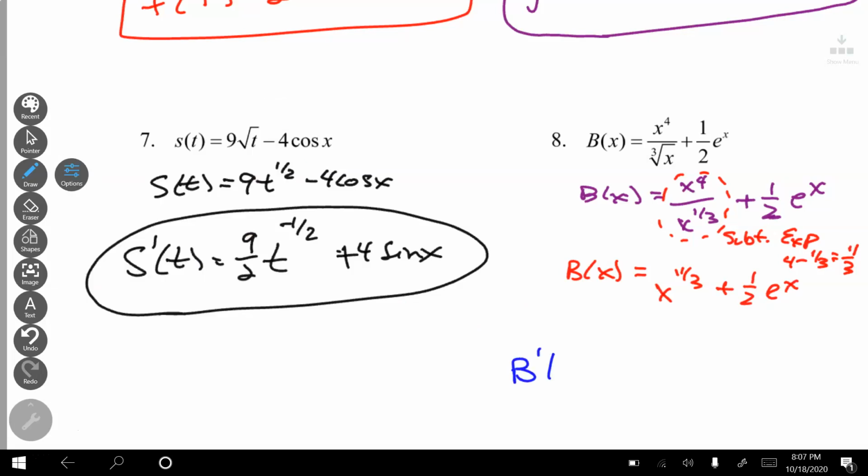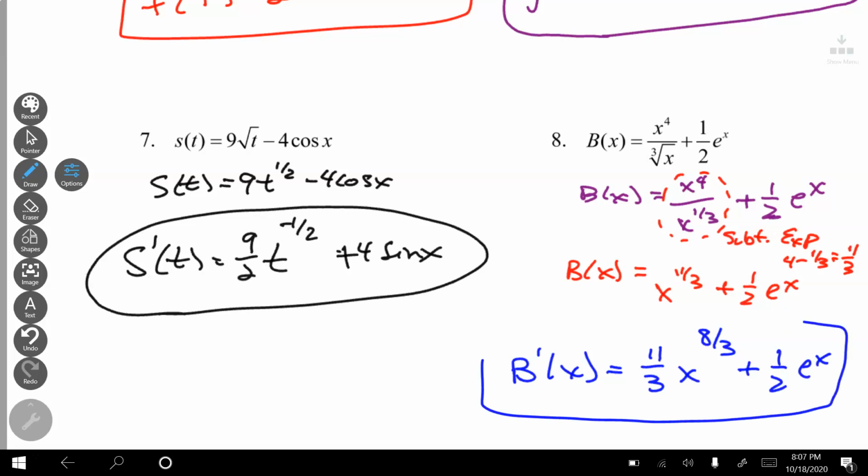So b prime of x is equal to 11 over 3 x, top minus bottom, 8/3, plus the derivative of e to the x is e to the x, so this is just 1/2 e to the x because that coefficient gets a free ride.